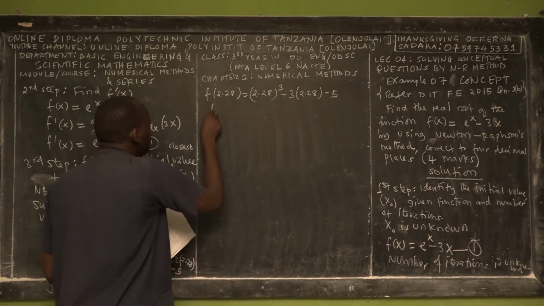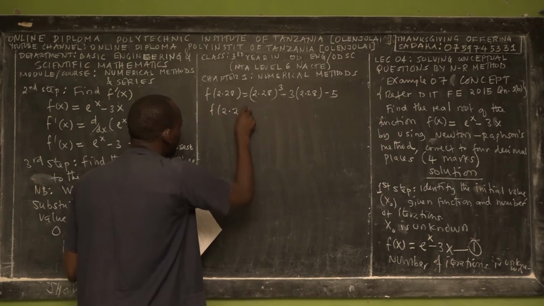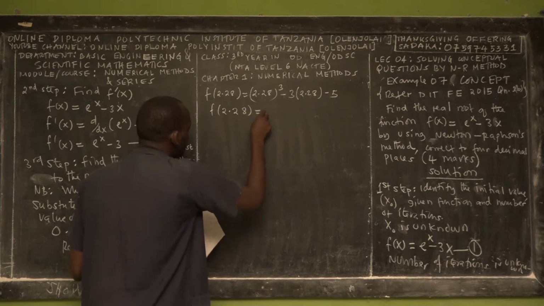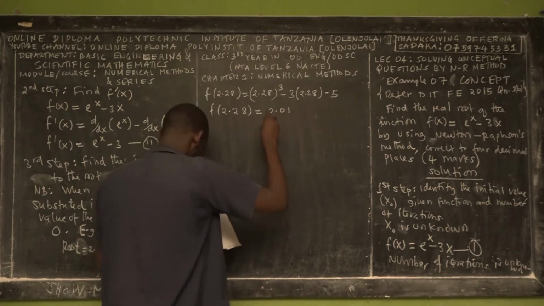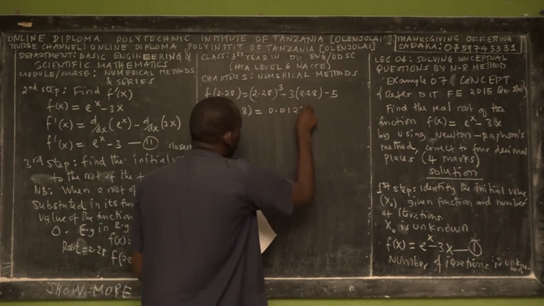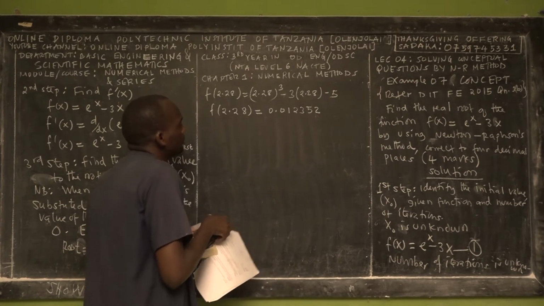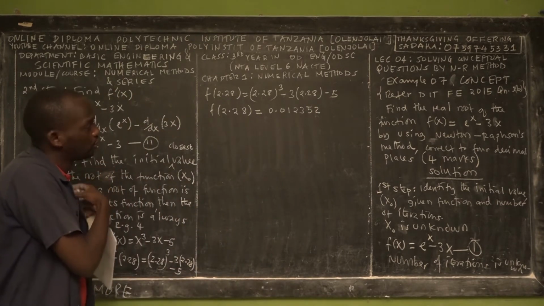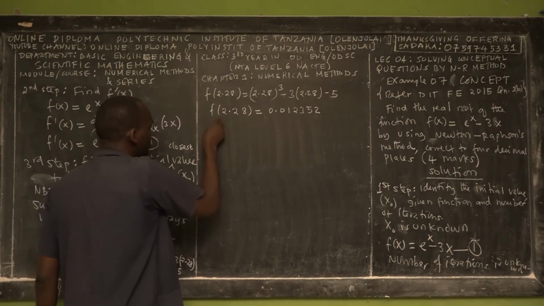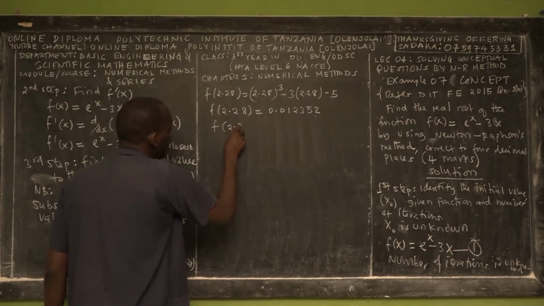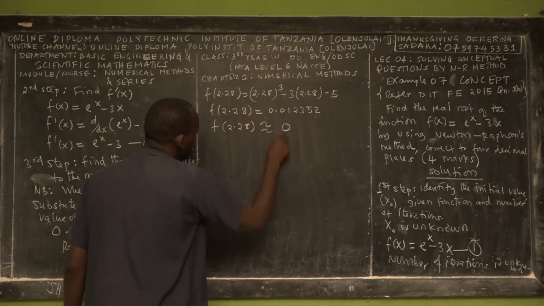So the answer for this case, f of 2.28 is equal to 0.012352. Okay? So remember that this is the approximate root of the function. For that case, you say f of 2.28 makes the given function closely equal to 0.